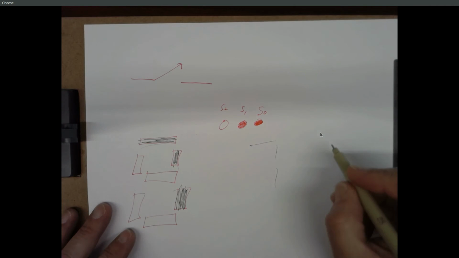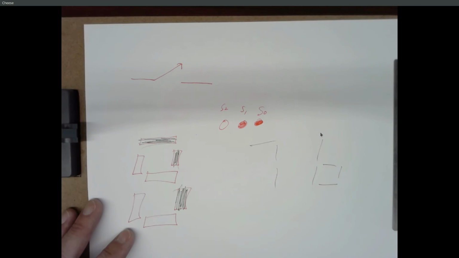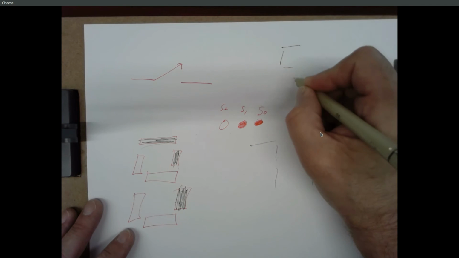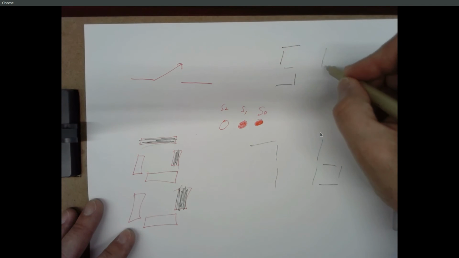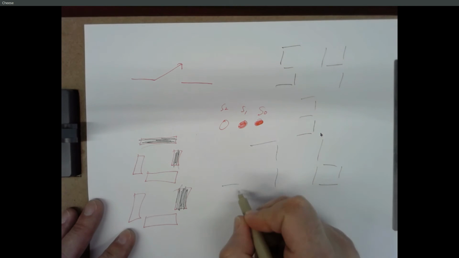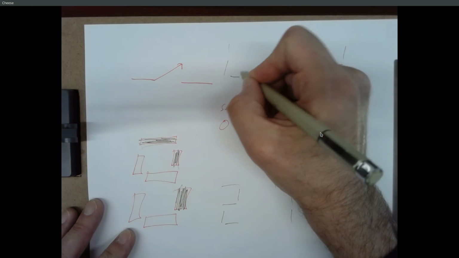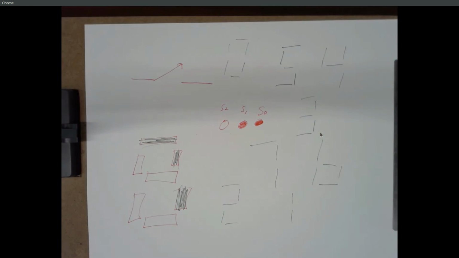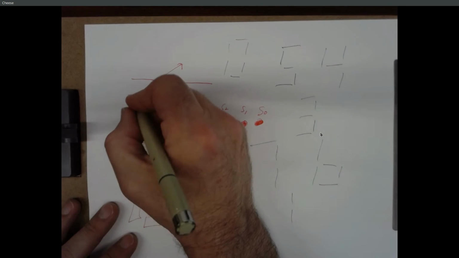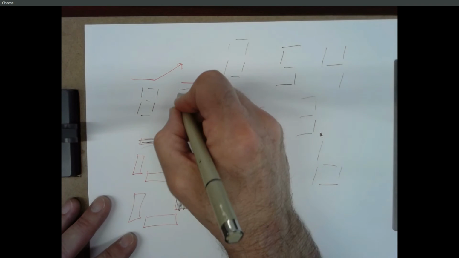And if we light up a different set of these, it's going to look like a 6, or a 5, or a 4, or a 3, or a 2, or a 1, or a 0. Or we could do an 8, which is every segment, or we could do a 9.